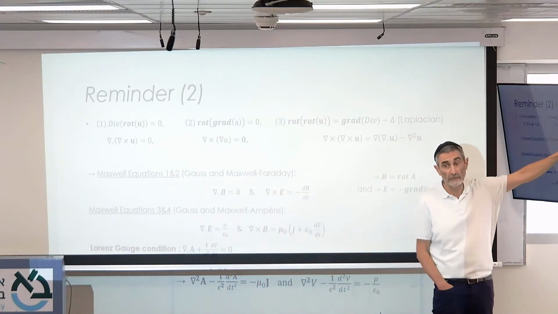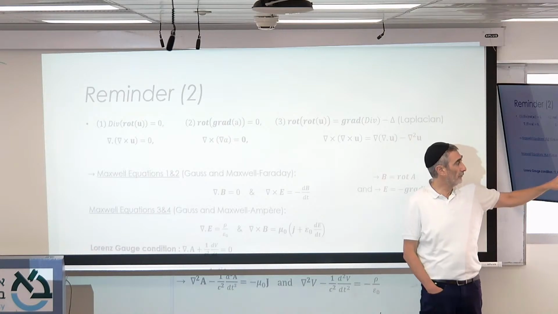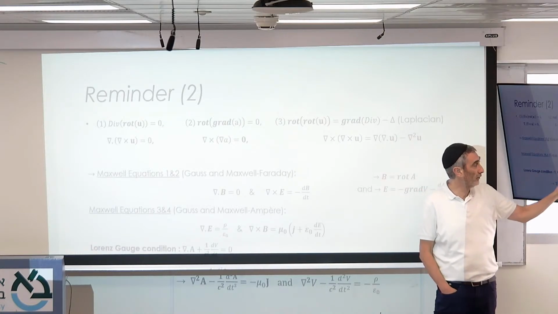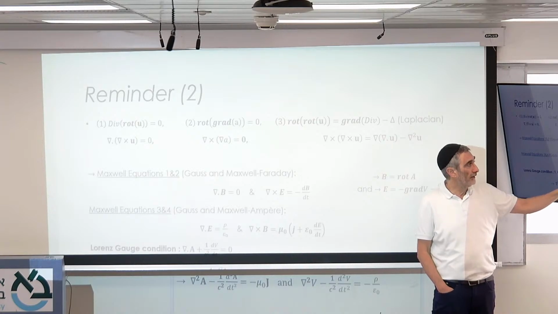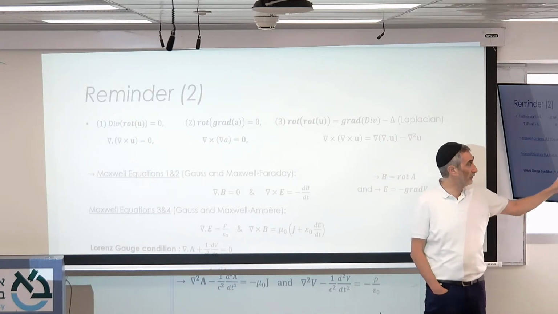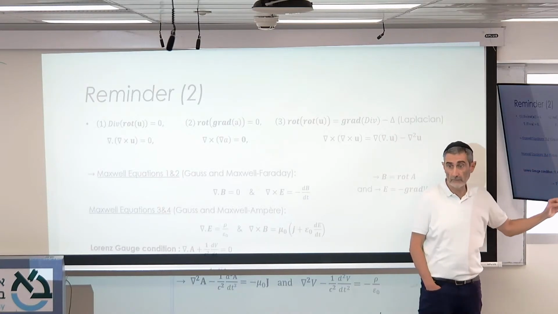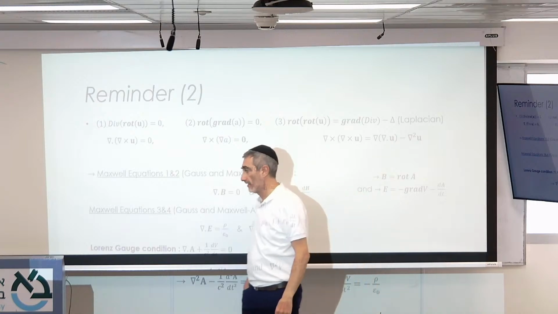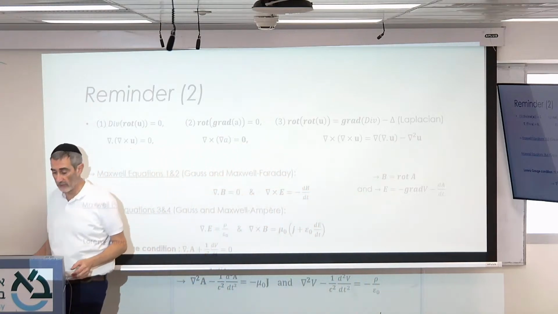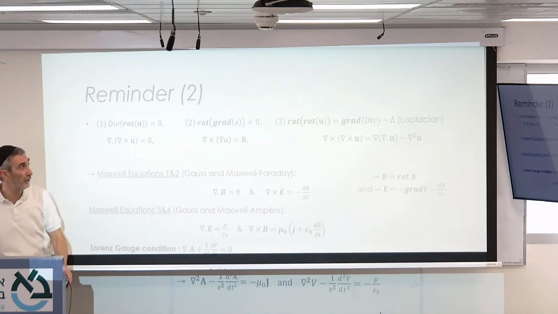You need to use this relation: if you replace B by the rotation of A, and E is this function, then by using this relation you end up with the wave equation. That's always how you get the wave equation, using the third formula up there.